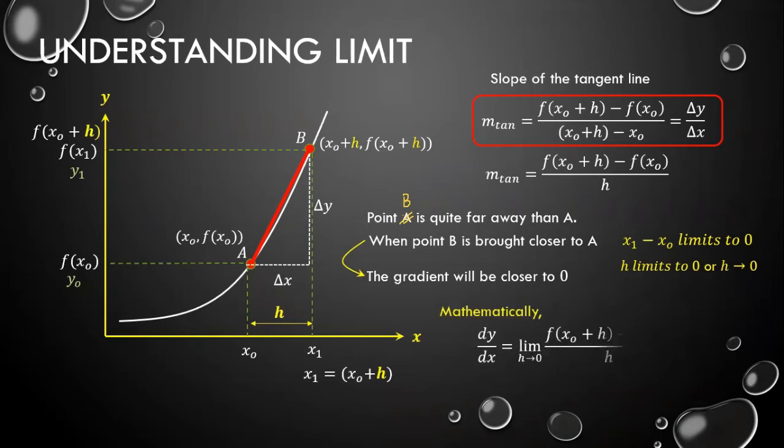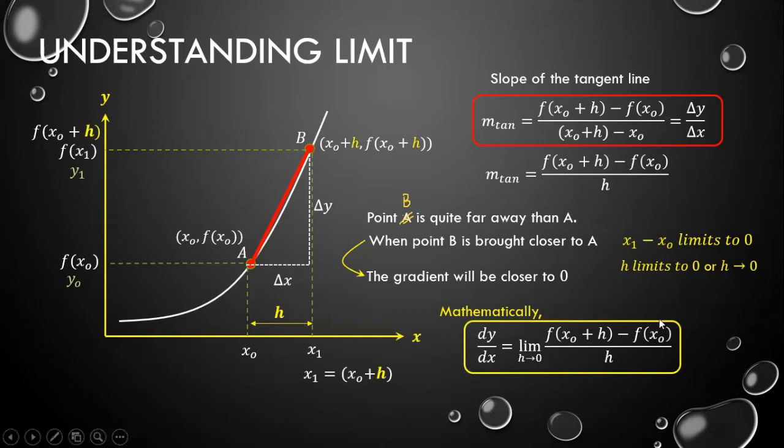Mathematically, dy over dx equals the limit h to 0 of the function f(x0 plus h) minus f(x0) over h. We call this term the derivative.